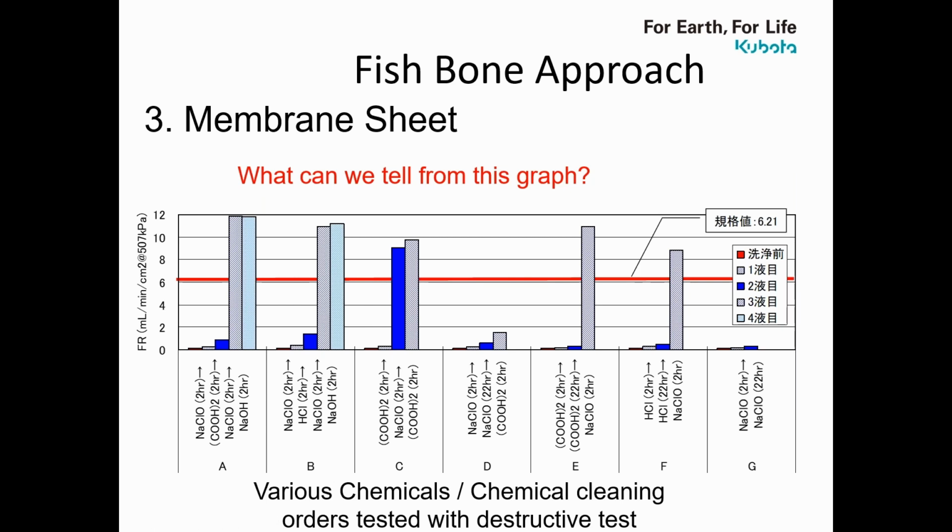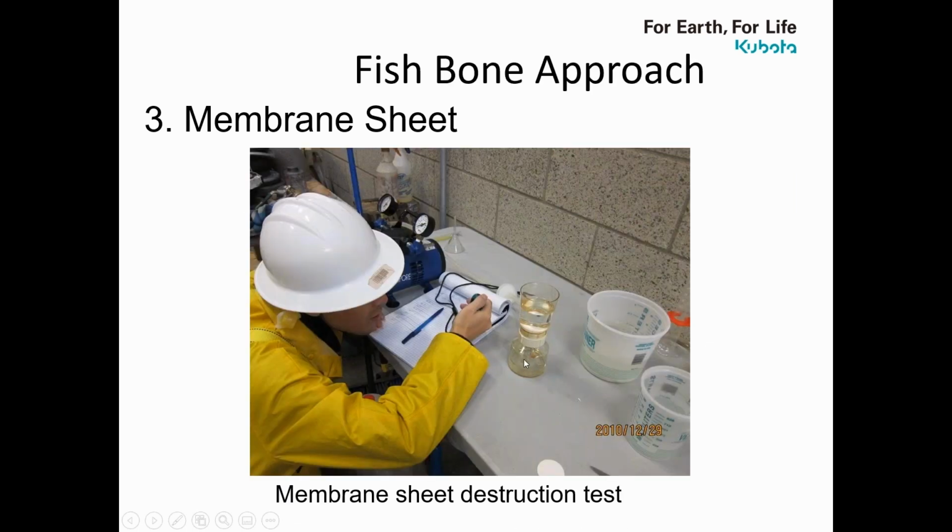But whenever we did acid first and sodium hypochlorite second, it cleaned significantly at this plant. So sometimes there's an order for the chemical cleaning process. At this plant specifically, you have to do acid first and sodium hypochlorite second to clean the membrane. But again, the bottom line is that sometimes the chemical cleaning process has to be optimized at some of the plants.